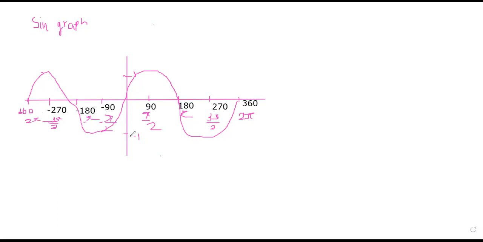So this is a sine graph. In questions they can give a function and ask you to draw it. In a sine graph they give a range like 0 to 360, and for this graph it's minus 360 to 360.